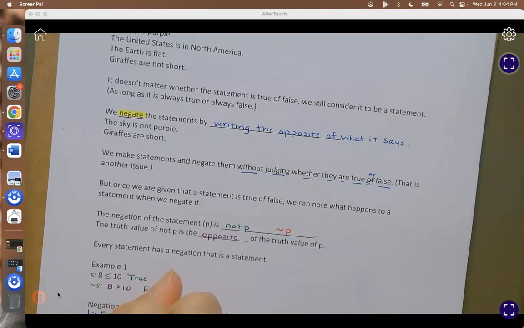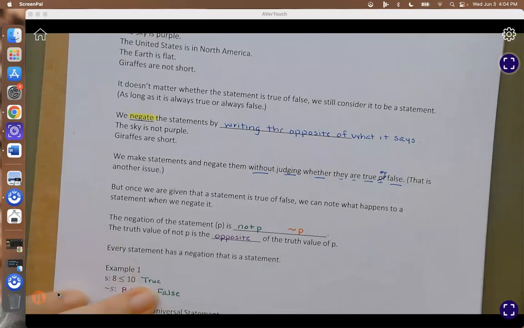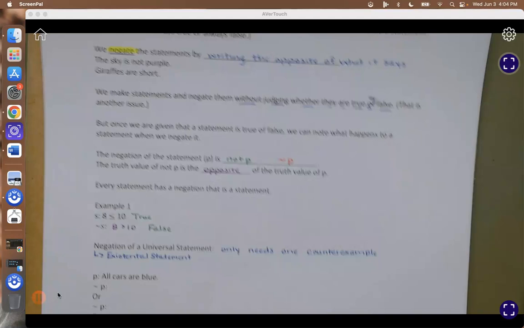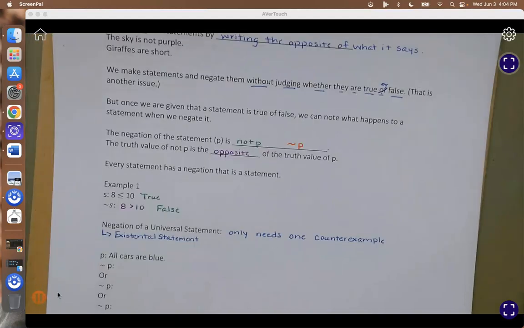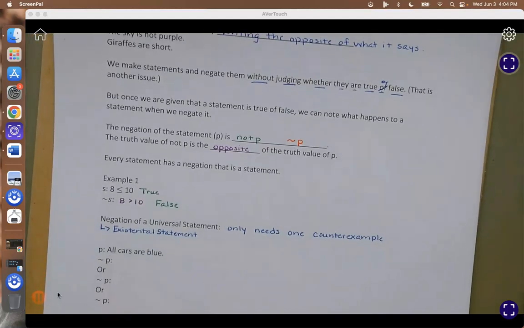So instead of saying for all, you'll say there exists, or at least one, or some. Words like that. So an existential statement is the negation of a universal statement. And you only need one counterexample to prove it false.